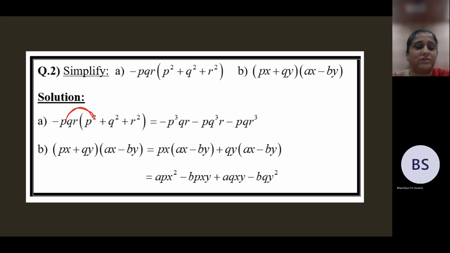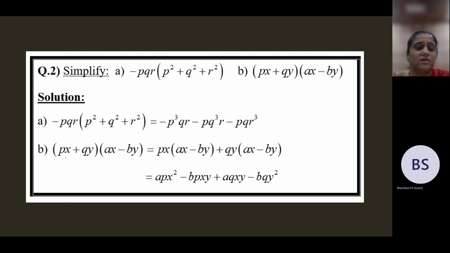Minus PQR into P square will be minus P cubed QR. Minus PQR into Q square: minus into plus is minus, and PQR into Q square will be P Q cubed R. Then again, minus into plus is minus, and PQR into R square will be PQ R cubed. So that is the product.